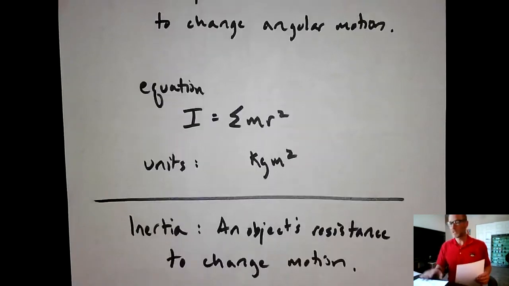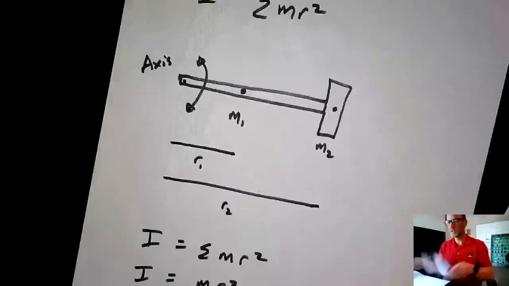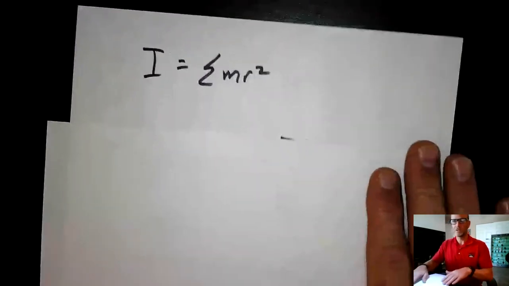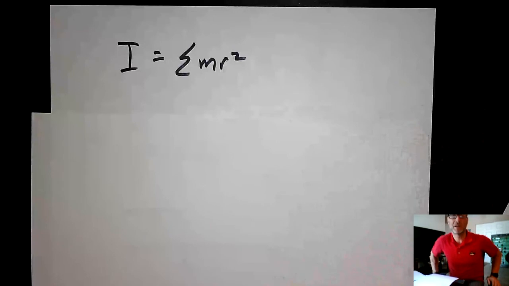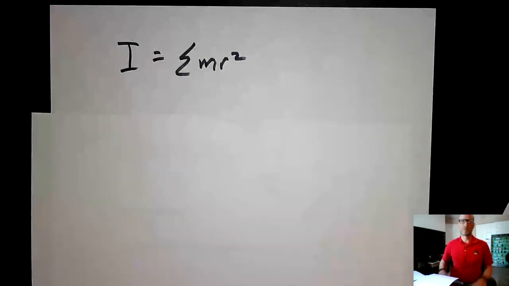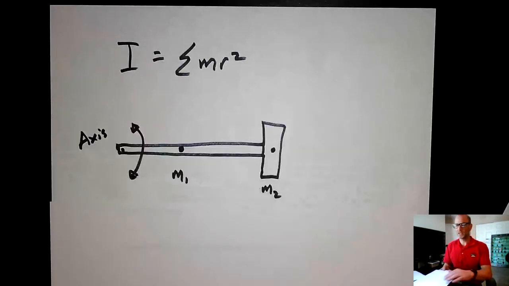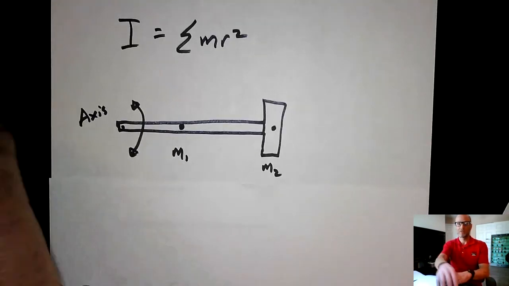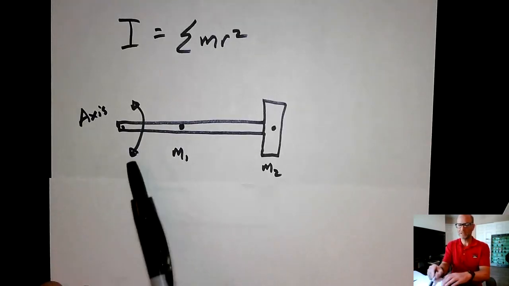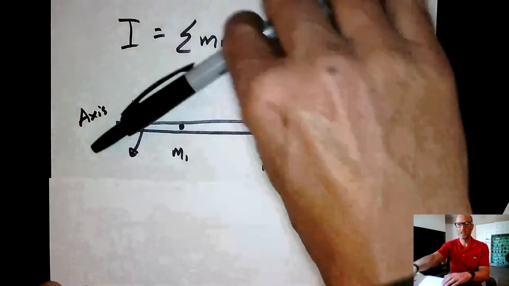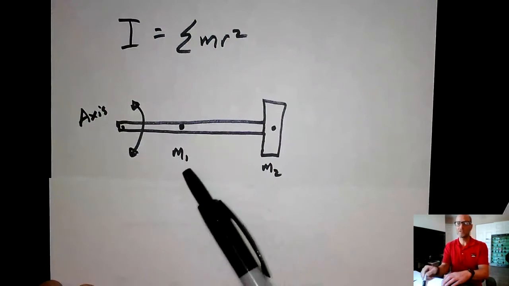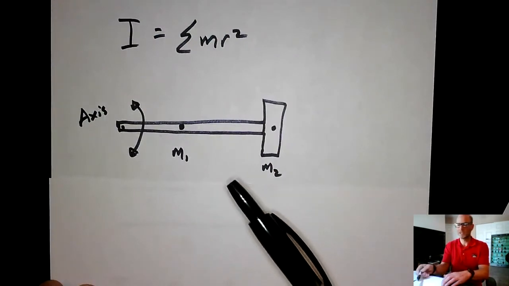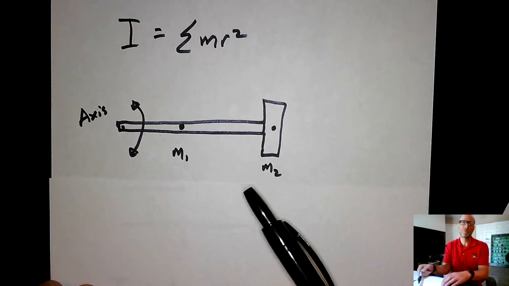All right, let's look at the equation a little bit more so we have a good understanding of that. Right now, you should have also watched the video of the hammer that I talked about for giving an example of moment of inertia. I'm going to draw that hammer right here, and I'm going to rotate that hammer around this axis in this direction. I'm going to concern myself, just for the sake of explaining this, with the hammer being two masses.